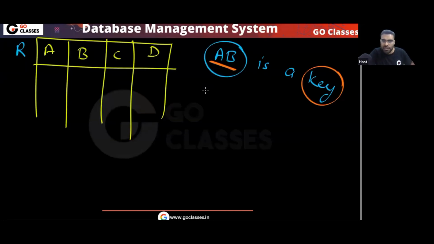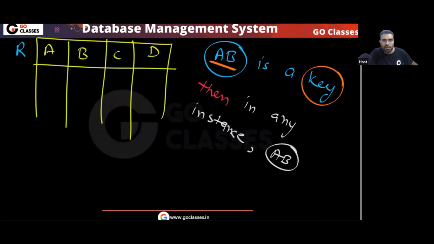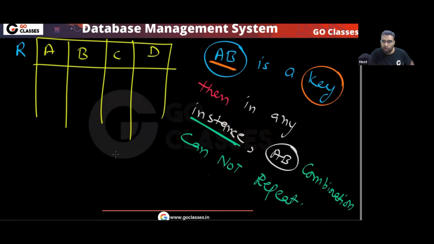So if AB is a key, then what will happen? No two tuples can have the same AB value. Yes or no? In any instance, whatever instance you take, this AB combination cannot repeat.